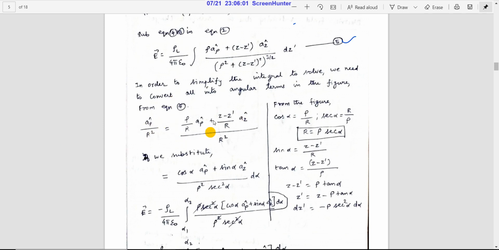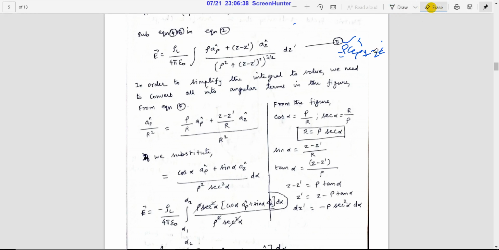So if you substitute the values which we have found, we can substitute dz dash as minus rho into secant squared alpha d alpha. Also we can convert this term, r to the power 3 will be coming here.